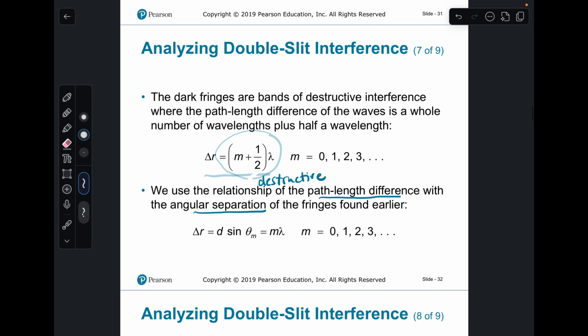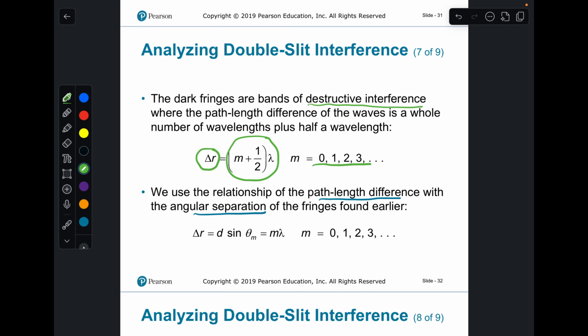Let's talk about the dark fringes. The dark fringes are going to obey the destructive interference condition, which simply means that the path length difference is going to equal an integer plus 1/2 of a wavelength.